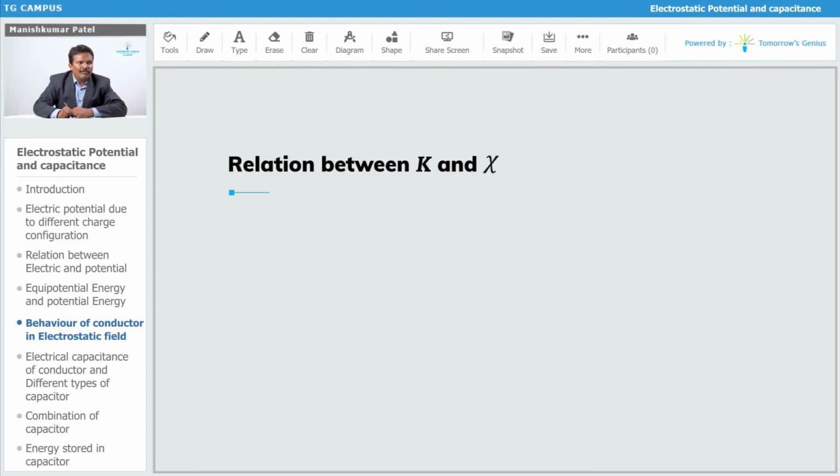Now, how do we find the relation between K and the susceptibility? We had the expression for the electric field.